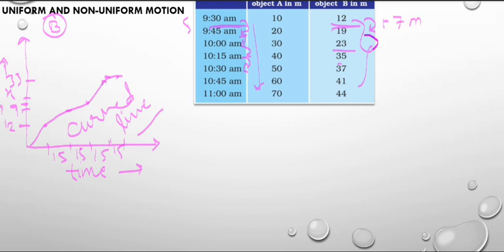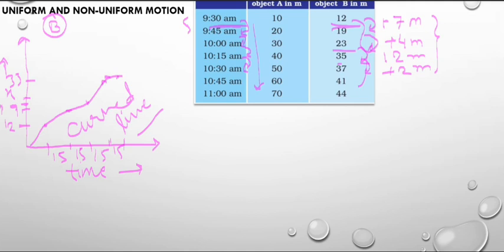In the second 15 minutes, it traveled only 4 meters. In the third 15 minutes, around 12 meters. And again, after 15 minutes, around 2 meters only.